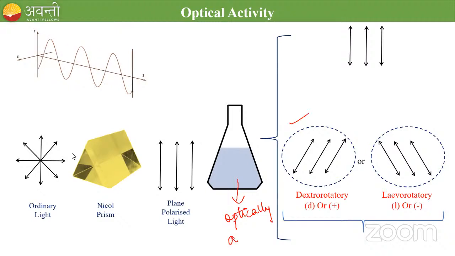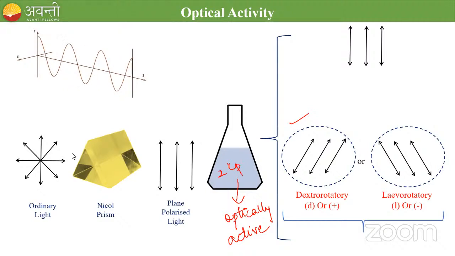That's why one compound is rotating the plane polarized light clockwise and the other one is rotating it anti-clockwise. Got it? So if the compound is optically active, they are rotating in both the directions, so they are optical isomers of each other.